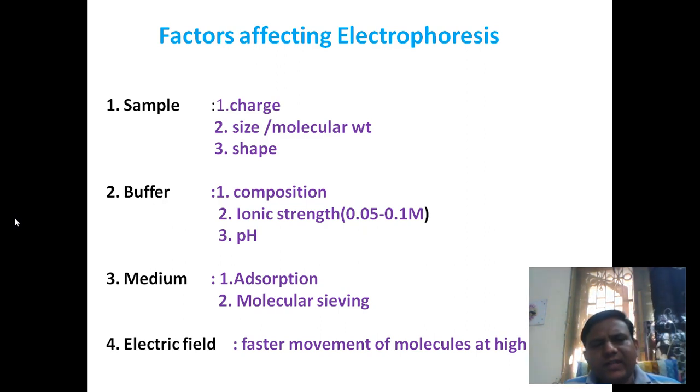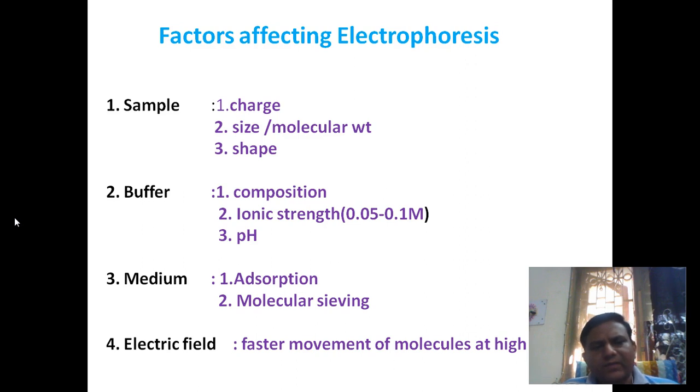Ionic strength is high means what? The buffer contains a high concentration of ions, and when we apply the electric field and perform the electrophoresis technique, due to the presence of a high concentration of ions, the maximum electric current is carried by the ions, and there is very little chance for the current to be carried by the molecule.